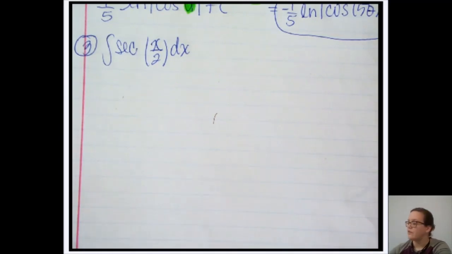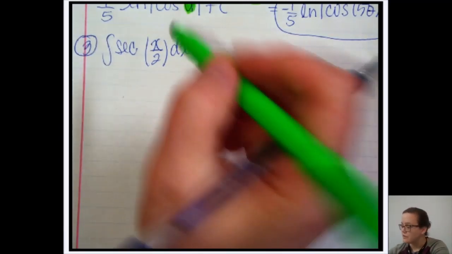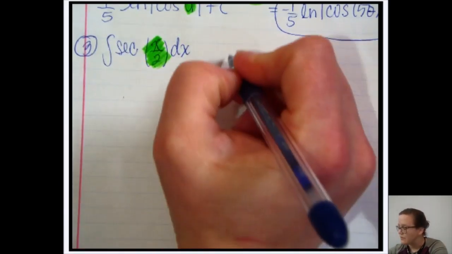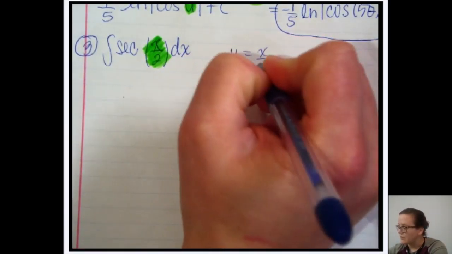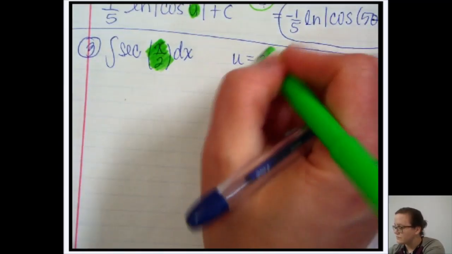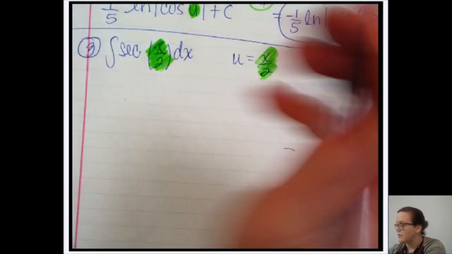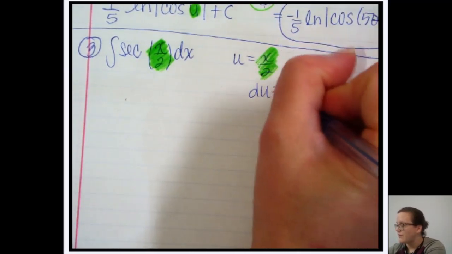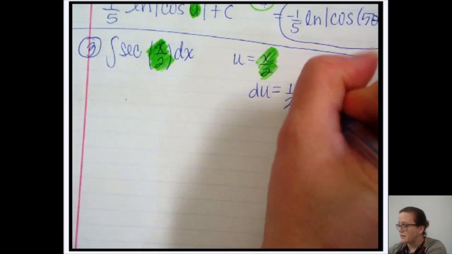So again, we can just use u substitution, and we want to use the inside function, which is x over 2. So if we let u equal x over 2, take the derivative, we get du equals 1/2 dx.